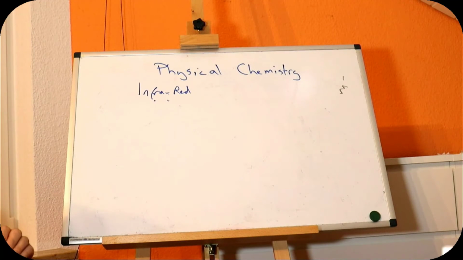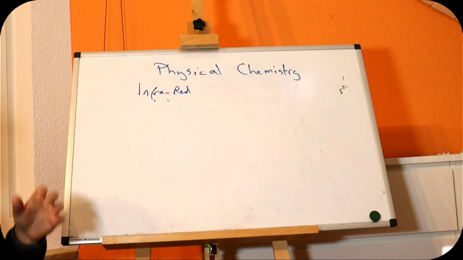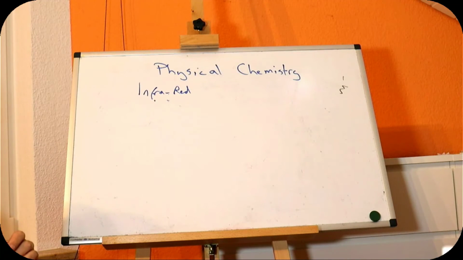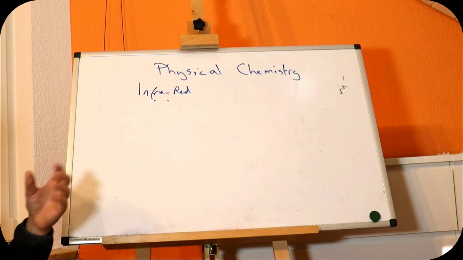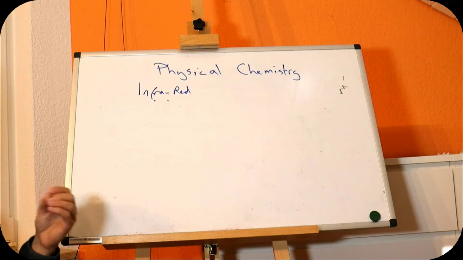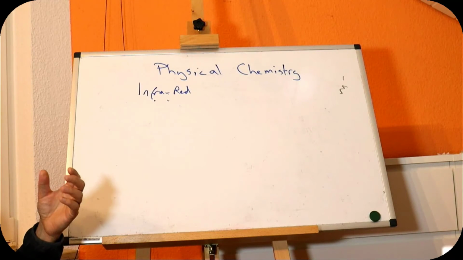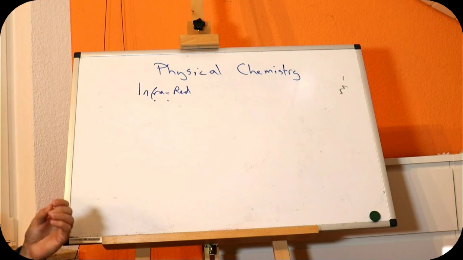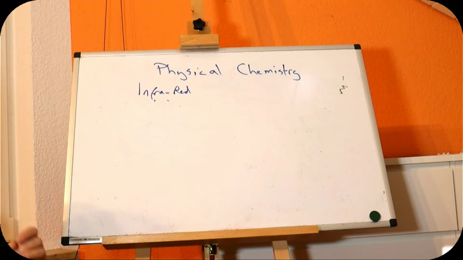It means you don't get a number. Infrared is typically used as a qualitative measurement, so you find out what is in there but not how much. Whereas UV-Vis is very, very often used as a quantitative measurement, meaning you find out how much is in there.